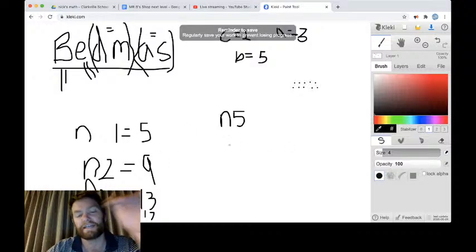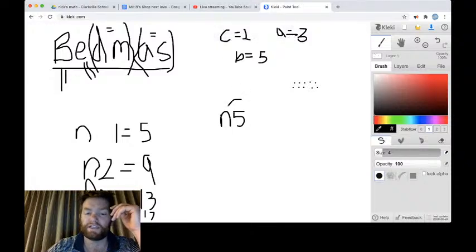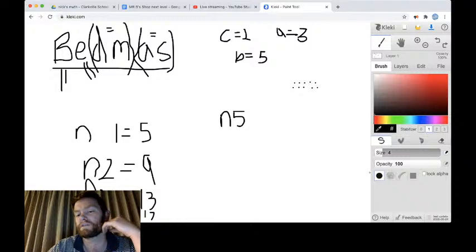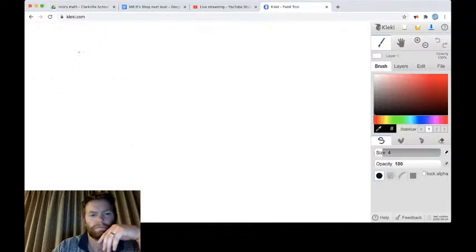It doesn't work because if the formula of n times 5 worked, I would have, just starting again, number 1 is 5.